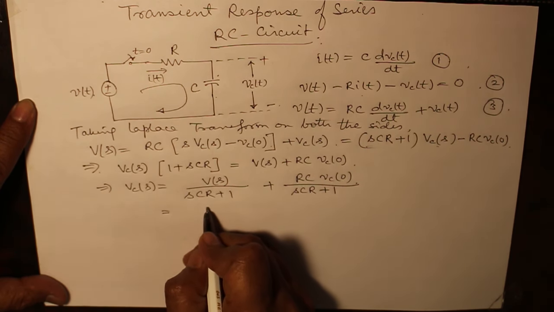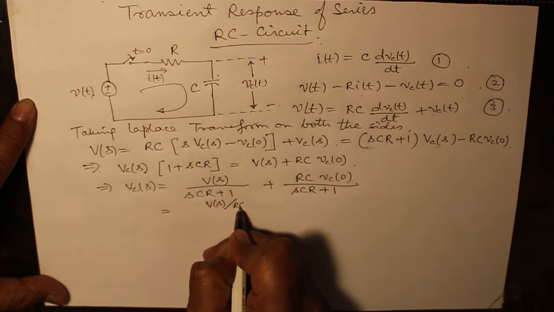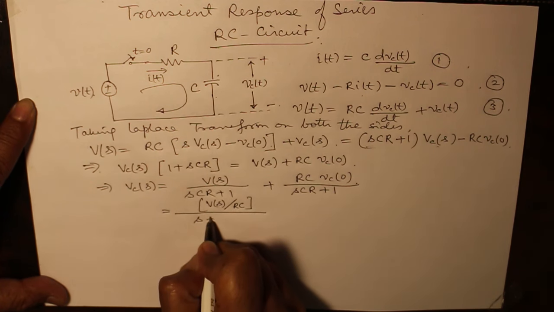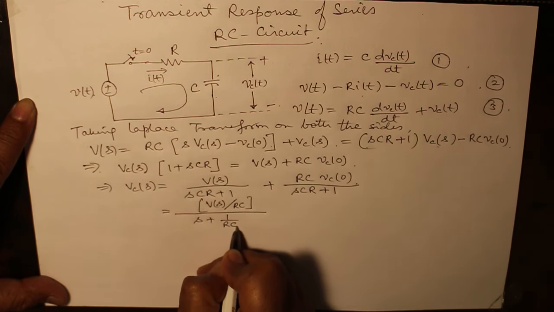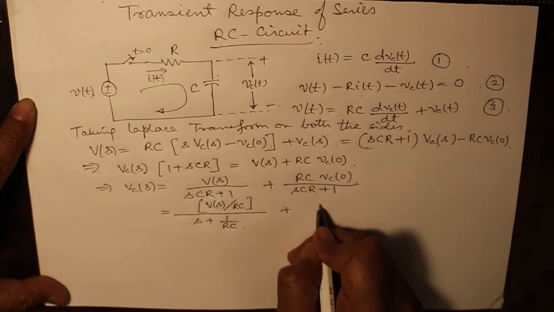Taking out RC common and bringing it onto the numerator, again here RC will get cancelled.